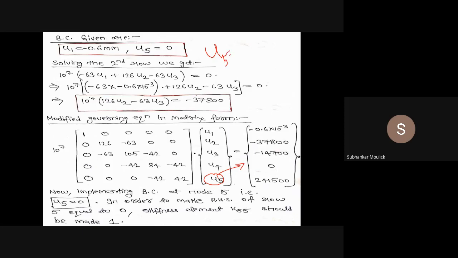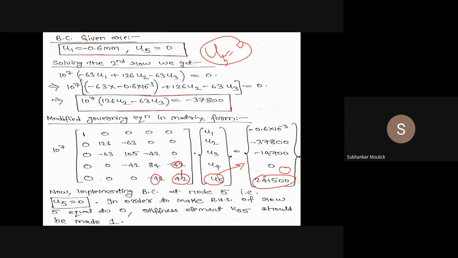If u5 is equal to 0, this RHS value should be equal to 0, and u5 equal to 0 will only come if I make this element, the fifth row and fifth column element, 1, and the remaining values in the corresponding row and column 0.